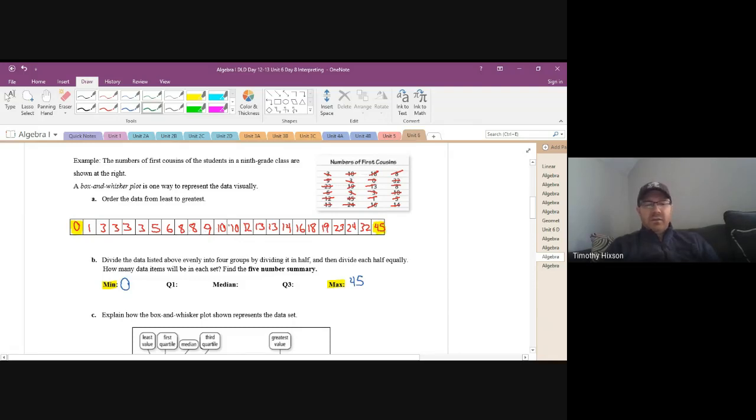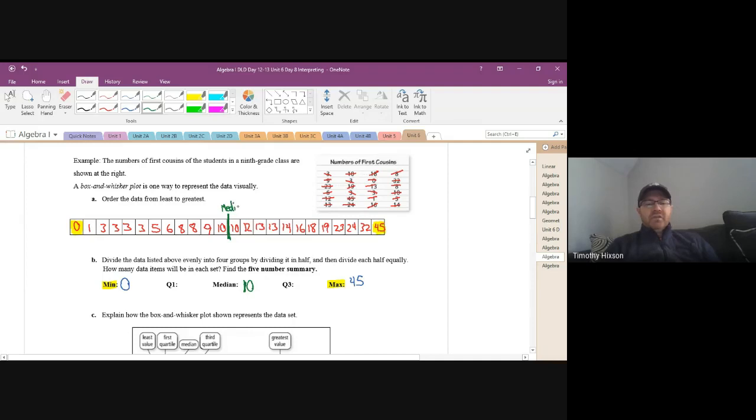All right, so right here between the two 10s is our median. Okay, now remember, if you have it between the two values, you have to average them. But since they're the same thing, the average is going to be 10. Okay, so there we have our median of 10.